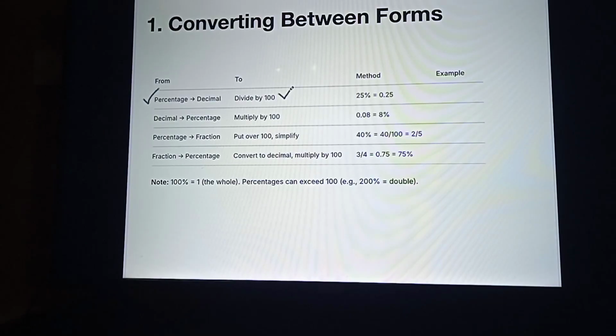So the rule is divide by 100, because, as we discussed earlier, x percent means x divided by 100.